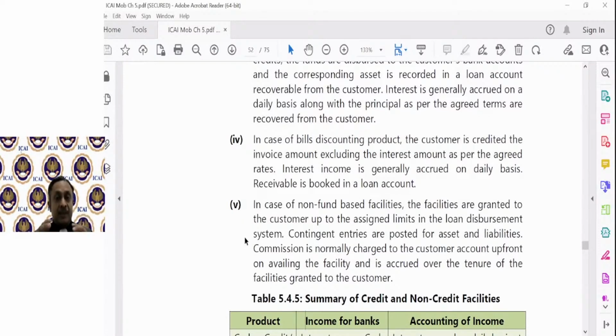Devolvement means the buyer has defaulted. As soon as this buyer default happens, this letter of credit, which was a non-fund based limit 3 months back, today, when the buyer's banker makes a payment, becomes a fund-based limit. So this has converted into a fund-based limit. That is how it goes.